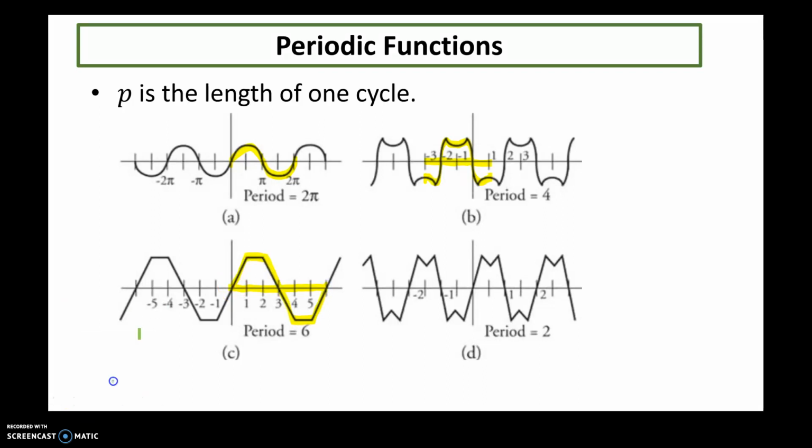Or if I start at -4, 1, 2, 3, 4, 5, 6 units. So at -4, I'm at the top of that graph, and then where do I end after 6 units? At that exact same spot, that top of that constant function there.